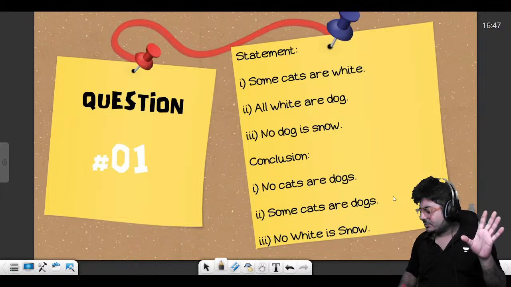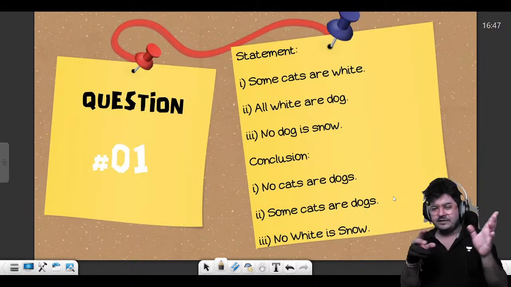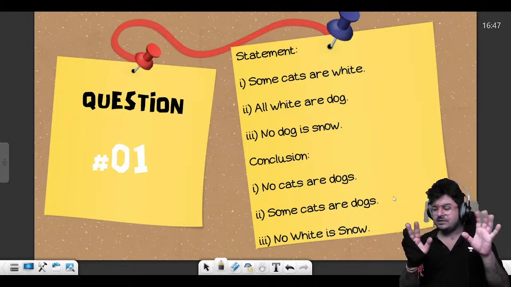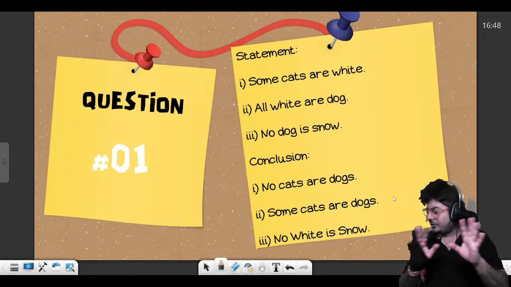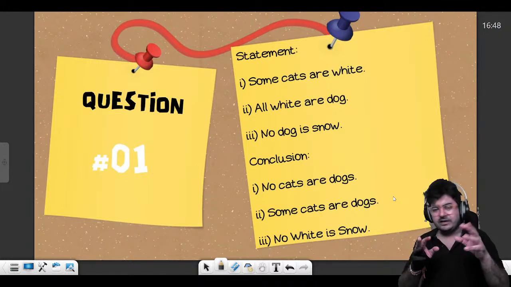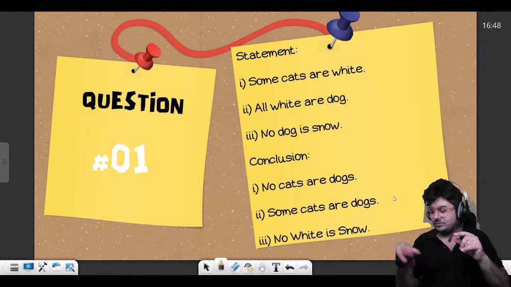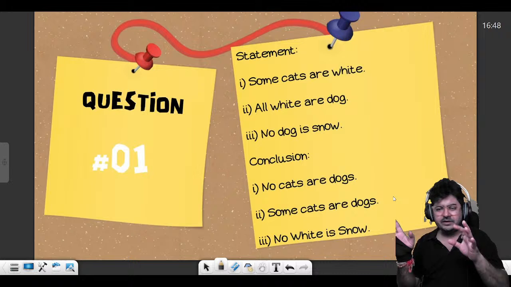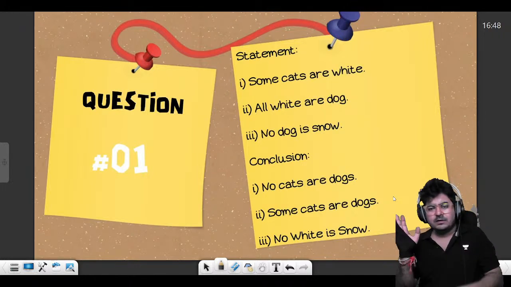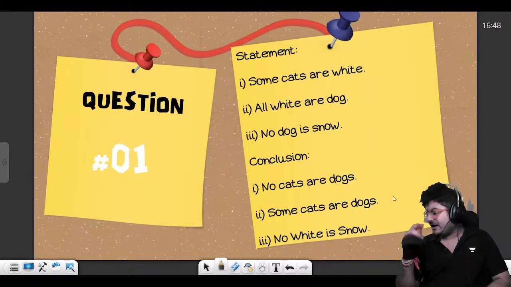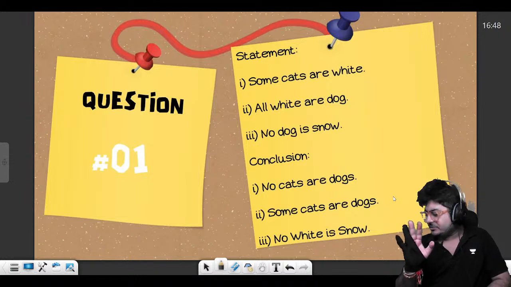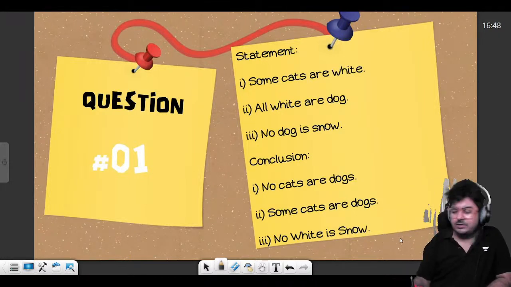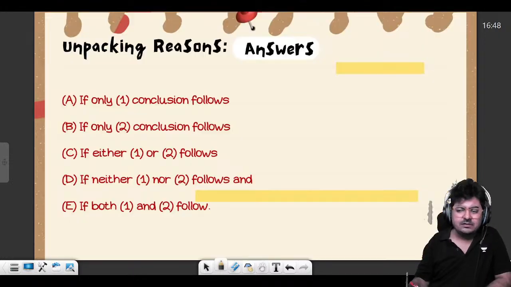Just write the correct conclusion. You don't need to write one false, two false, three true. Just write the number, only for the correct conclusions. Like if you think one and two are correct, write one comma two. If you think all three are correct, write one, two, three. And if you think two is correct only, just write two. Only the correct conclusions in the chat. Conclusion two and three. We got one answer.